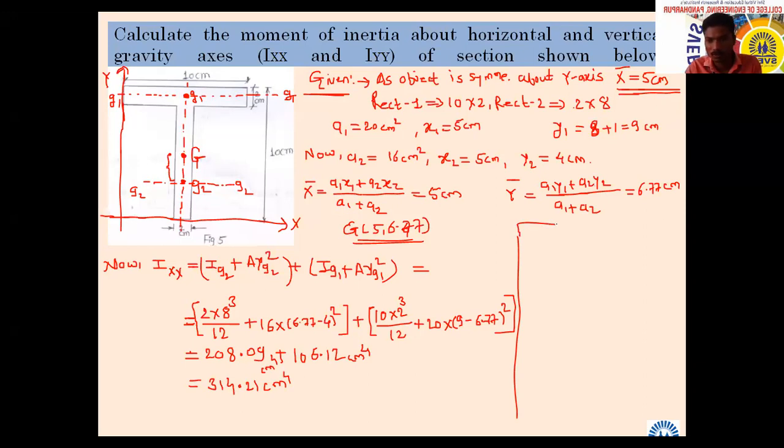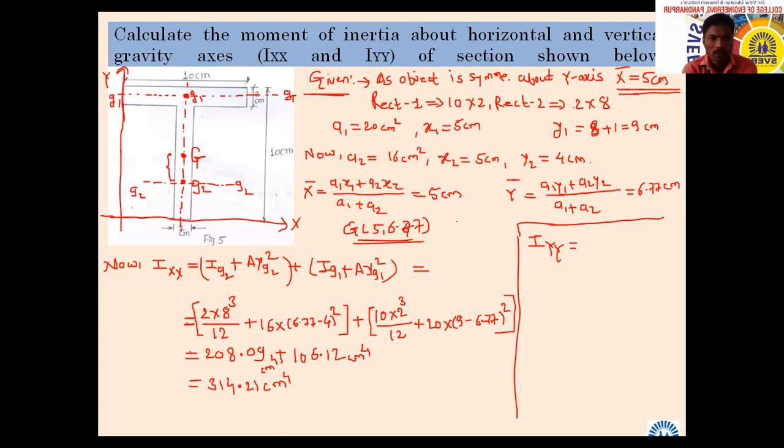झालं का इथपर्यंत कॅल्क्युलेशन? Yes sir. Now I-YY. Before going to I-YY, I will ask one question. Simple question related to our diagram. Shall I ask one question?